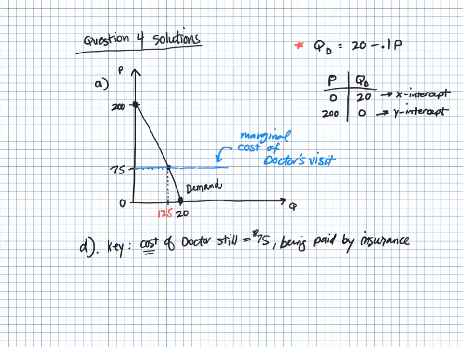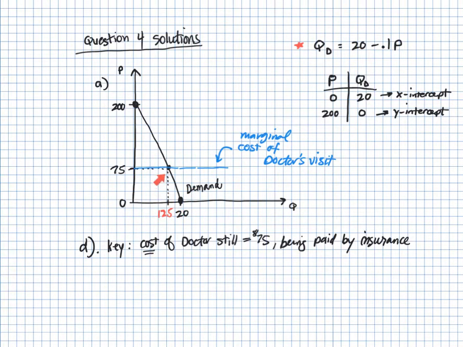benefits to society. In this case, the benefit that Bob receives from going to the doctor. So remember what we've said in previous slides regarding the measurement of benefits. The total benefit that Bob is going to receive from a doctor visit is the area underneath the demand curve. So what we should focus on is the area right in here, right?